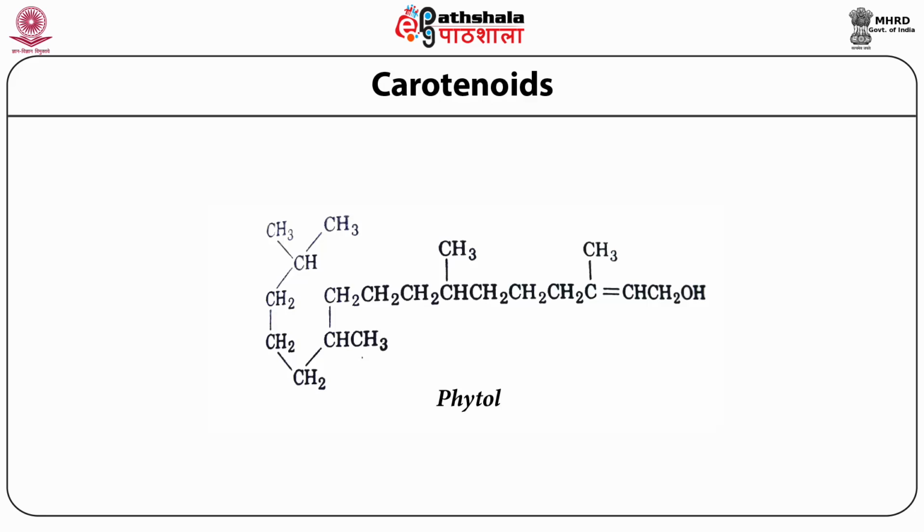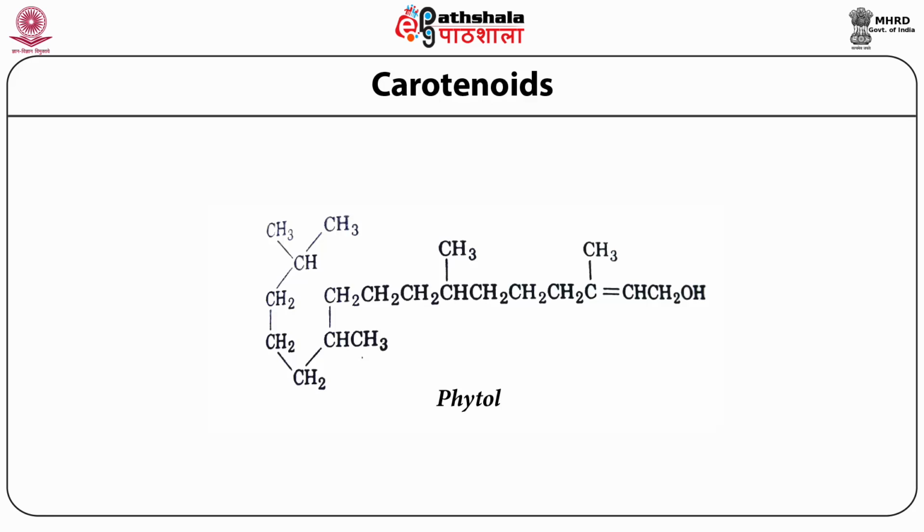Apart from that, carotenes themselves form part of the photosynthetic pigments in many photosynthetic organisms. Quite often, three important carotenoids, alpha, beta and gamma carotenes, occur together in natural sources. In carrots, their percentages are about 15, 85 and 0.1 respectively.